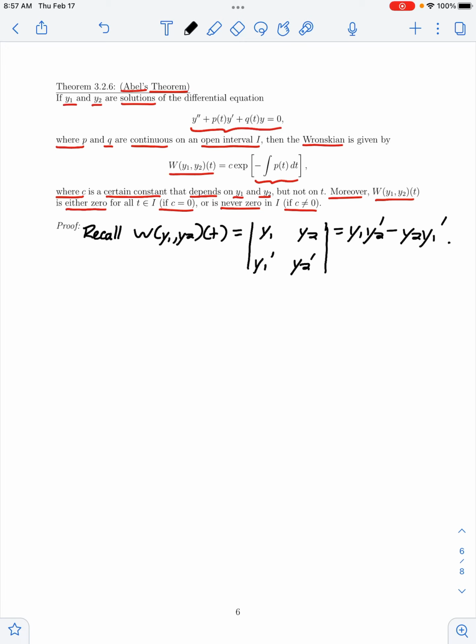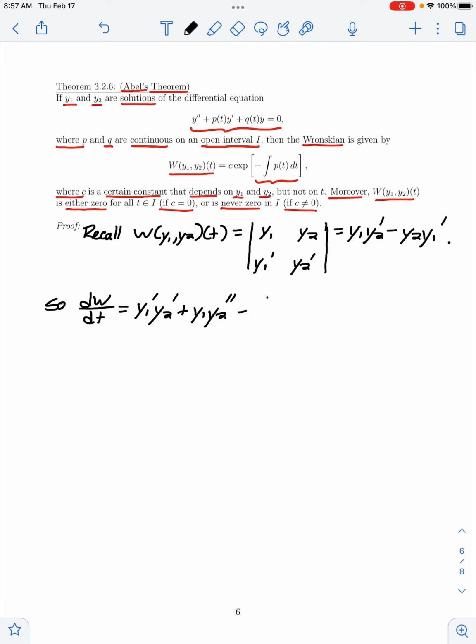So if we differentiate this expression for the Wronskian with respect to t, we know the Wronskian is a function of t, so we can find its derivative. And we have for our derivative, by the product rule, y1 prime y2 prime plus y1 times y2 double prime.